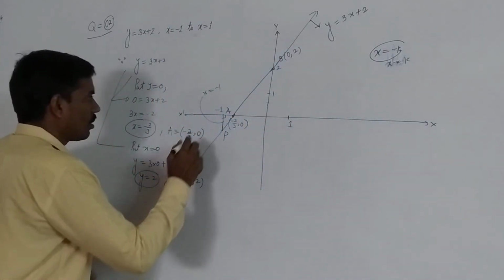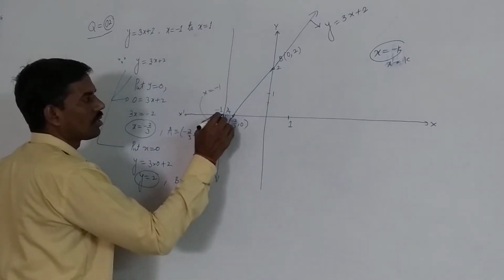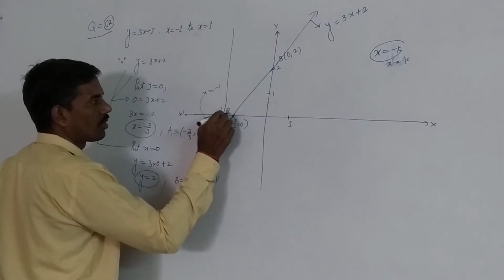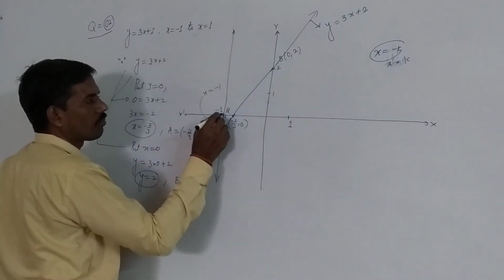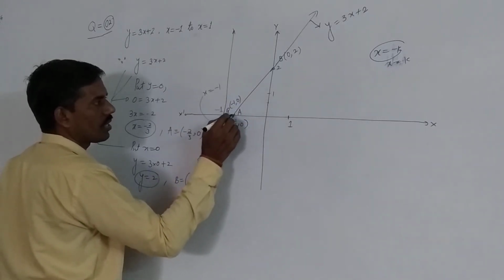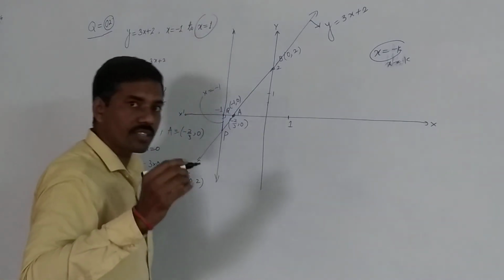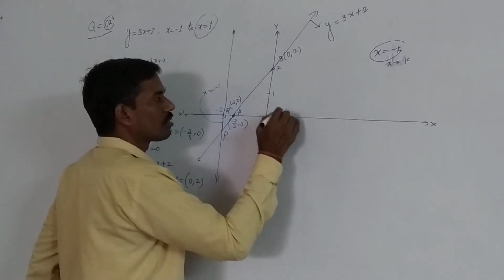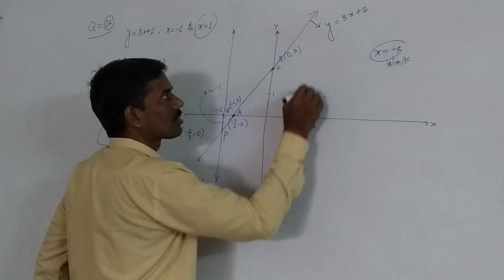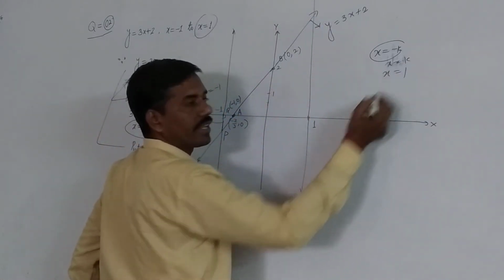So if we draw the line passing through the point P, let one point be Q. At the point minus 1, the coordinates of Q are minus 1 and 0, since this one is A. And the second line is x is equal to 1. So x is equal to 1 is the equation of a line which is parallel to the y axis at a distance of 1 unit, as in x is equal to 1, k is equal to 1.